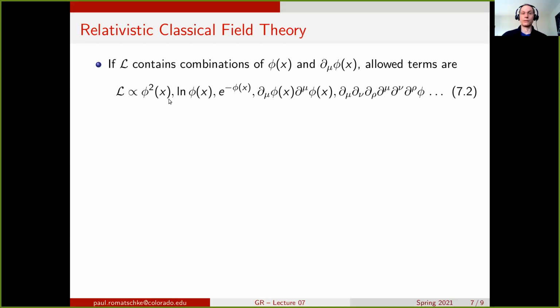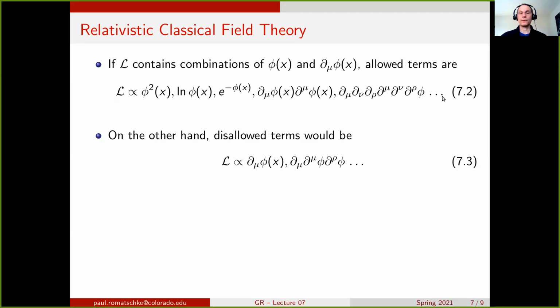An example would be phi squared, the logarithm of phi, the exponential of minus phi, d mu phi d mu phi with the index summed over because this is also a scalar, d mu d nu d rho d rho phi, because here all indices are summed over, or similar examples.